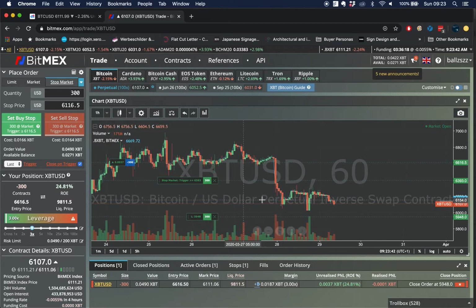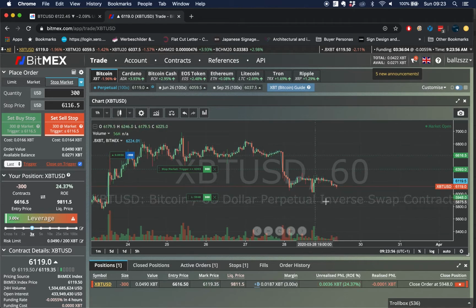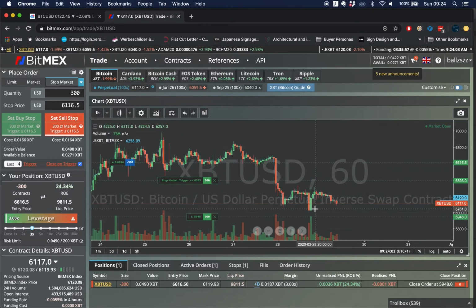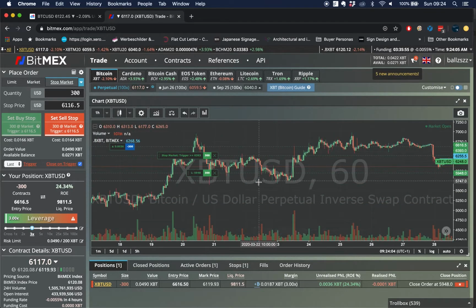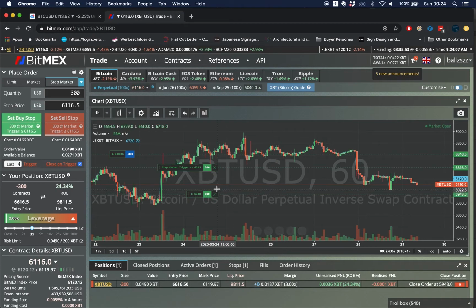One theory I have is that if I can continue following this down and trailing this stop loss down as it goes, eventually at some point my theory is that it will bounce around about here, and I think it's going to go back up. It's just based on previous things that have happened.